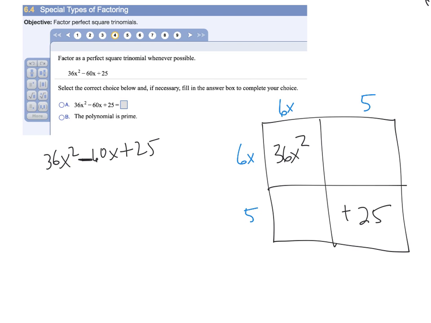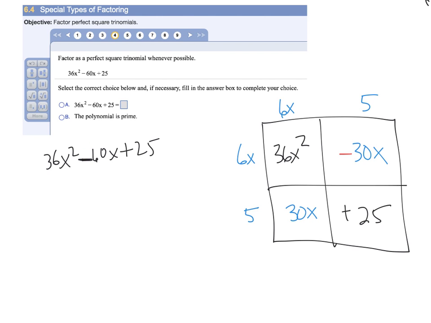All right? So when we fill in our internal terms, we got 30x and 30x. But we see that when we combine our terms, we want a negative 60x.